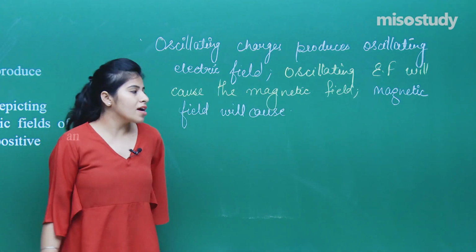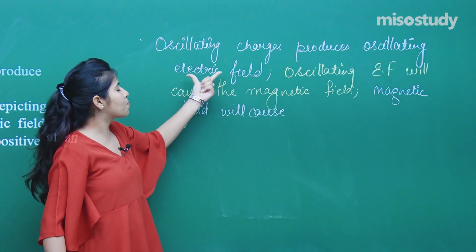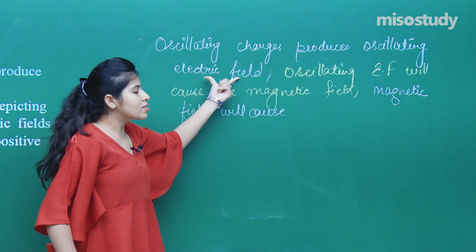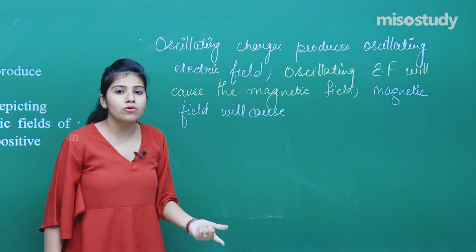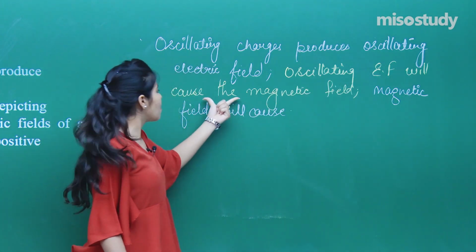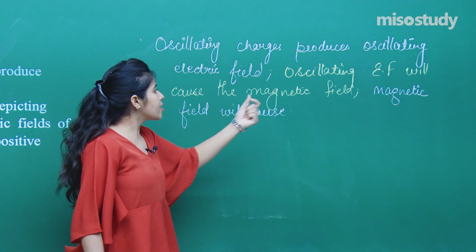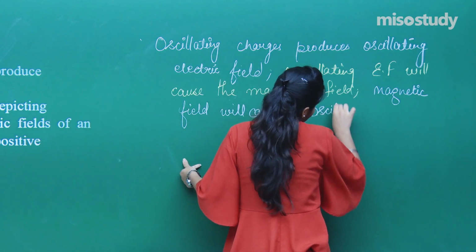First of all, oscillating charges are producing the oscillating electric field. After the oscillating electric field has been produced, we have the oscillating magnetic field. After that, the magnetic field will cause the oscillating EMF.